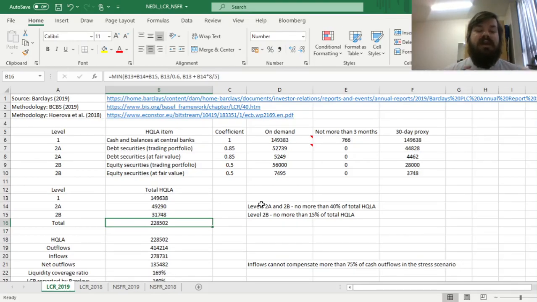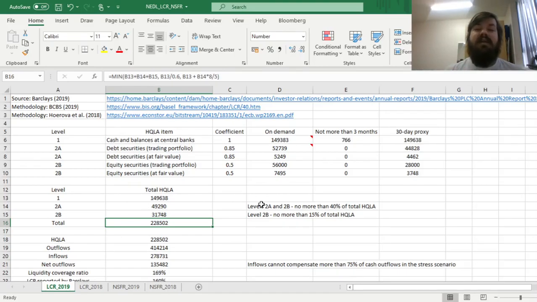So what goes into the denominator? The denominator represents the net cash outflows under the stress scenario. So the basic logic is that we have to calculate the inflows and outflows in the stress scenario and compare them to the high-quality liquid asset stock that can be used to provide for these outflows, to serve as a buffer.